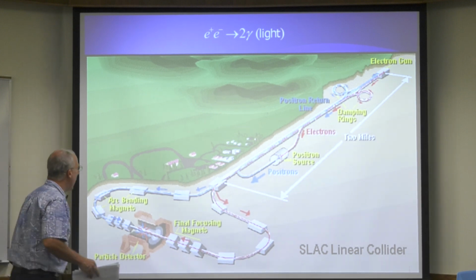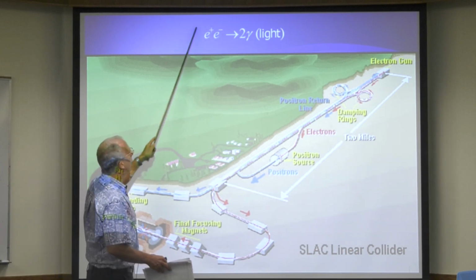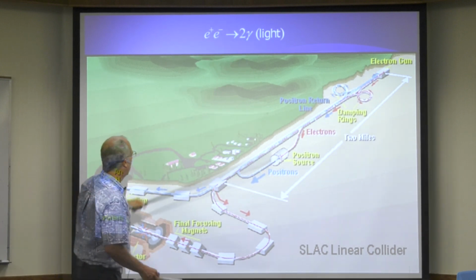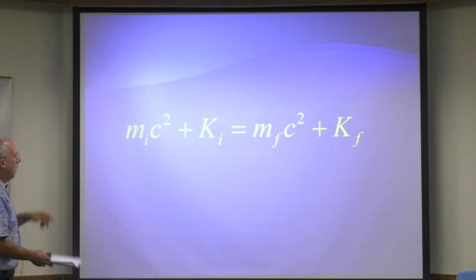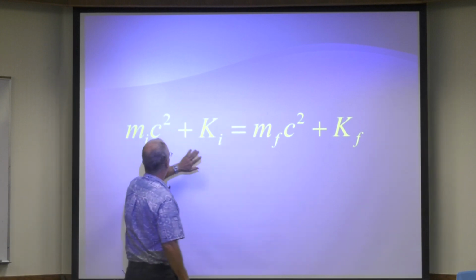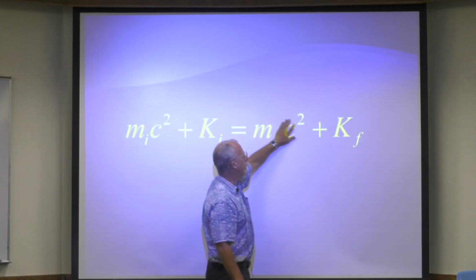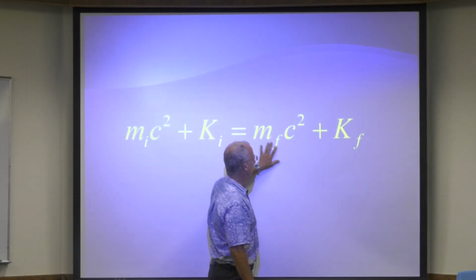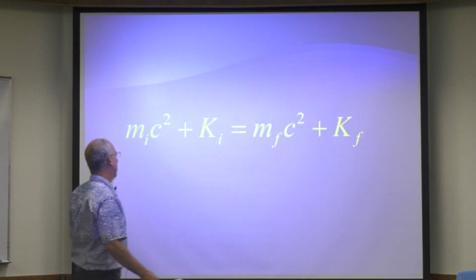So all this mass, which is not a whole lot, granted, was converted into energy because there's no mass here at all. That just makes sense, right? Because mass can be converted into energy. This was the mass of the electron and the positron. This is 0 because photons have no mass. Light has no mass. So there you go.